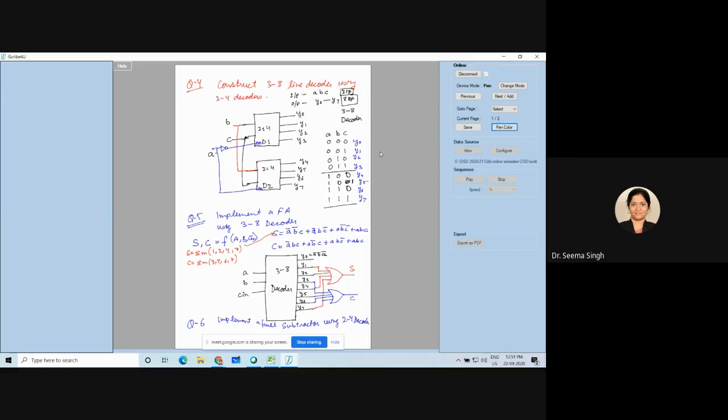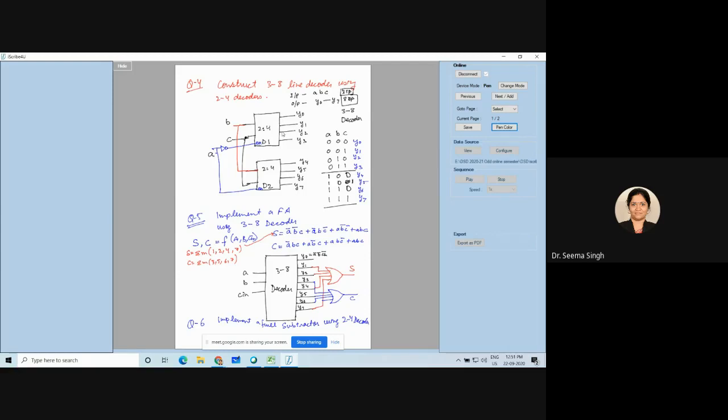First you have to make a 2:4 decoder like this. Then you will get your equations and bring them into min-term form for both difference and borrow out. Then you will combine them using an OR gate, just like this.